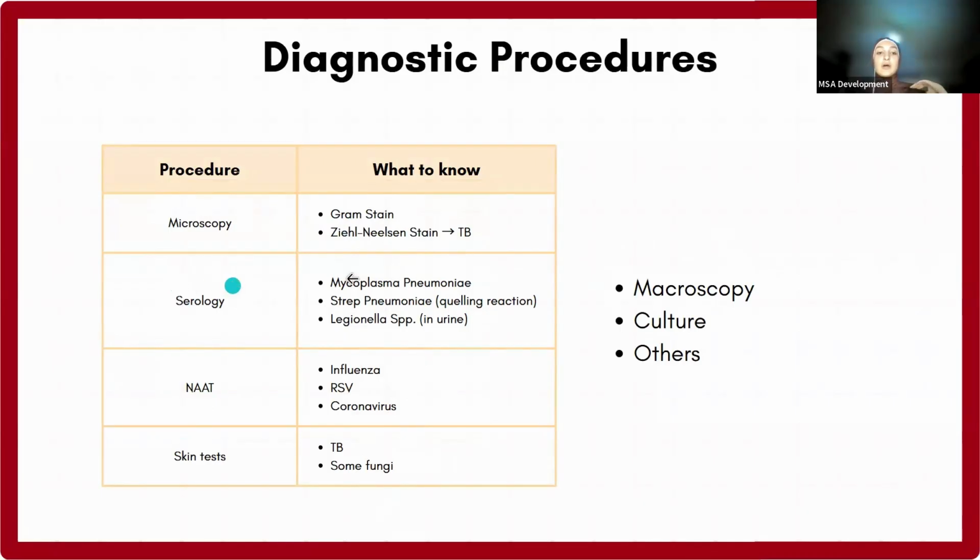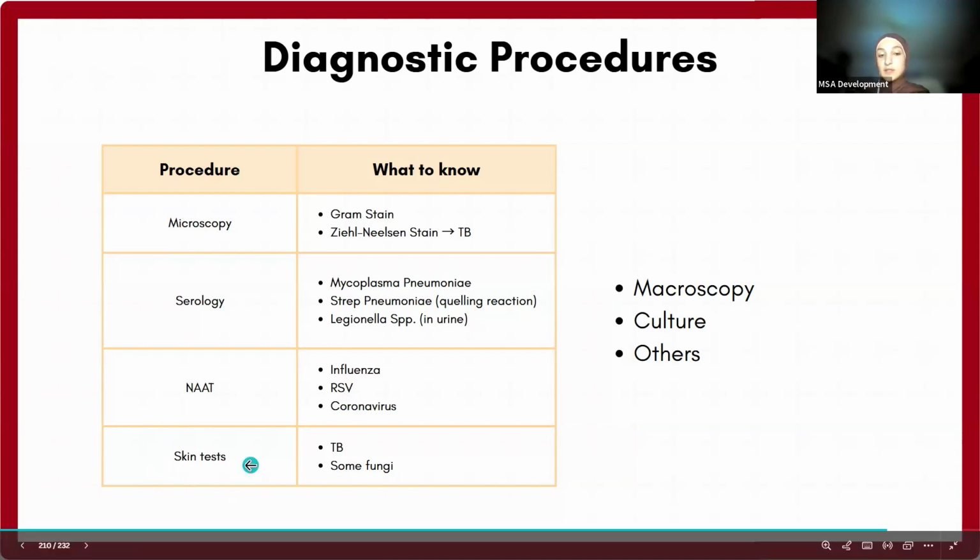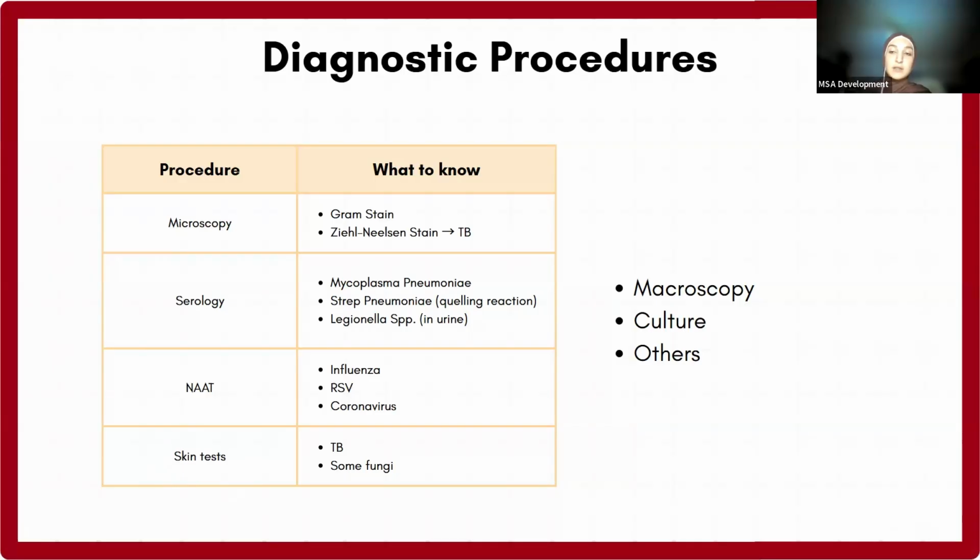For serology, it can be used for mycoplasma pneumonia, for strep pneumo, for Legionella. NAT can be used for influenza, RSV, and coronavirus. And then skin tests. Skin tests can be used for TB, the tuberculin test, and some fungi types. There are also diagnostic macroscopy, culture, and other types. Okay.